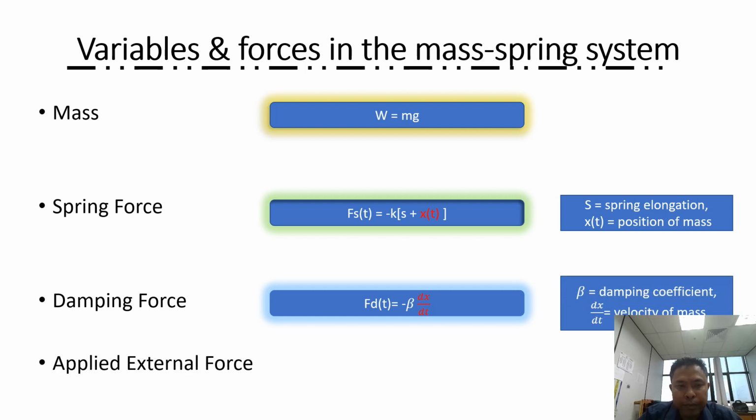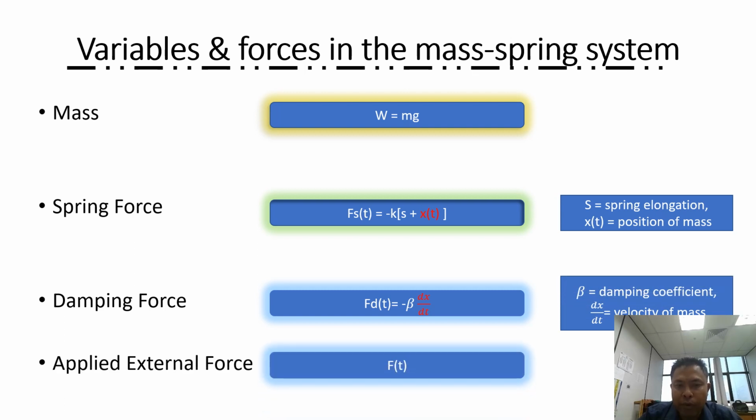For the applied external force, we have two cases: free vibrations, where F(t) is equal to 0, or F(t) can be any external force. But in this paper, we only discuss free vibration, where F(t) is equal to 0.